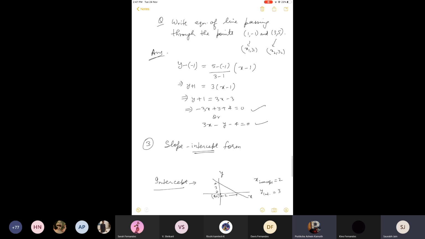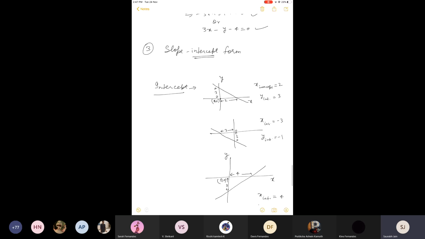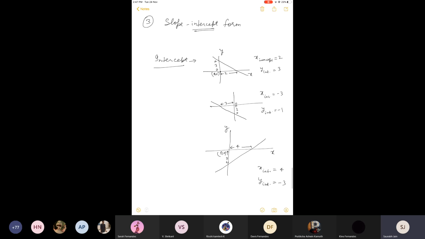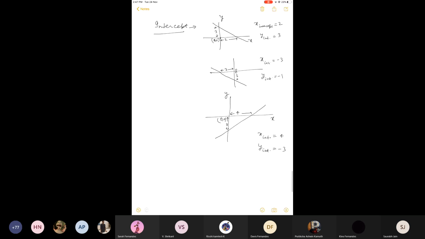All right. Let's come back. Now we have to discuss slope intercept form. So now that you have understood what is intercept, I'm writing: if slope of a line is m and its y-intercept is c.